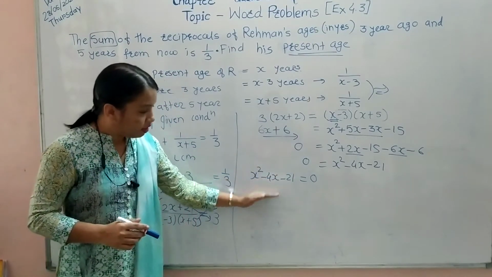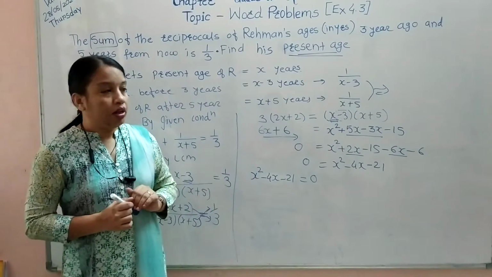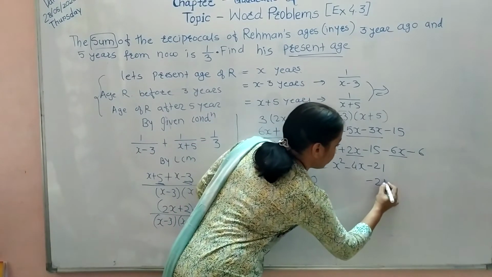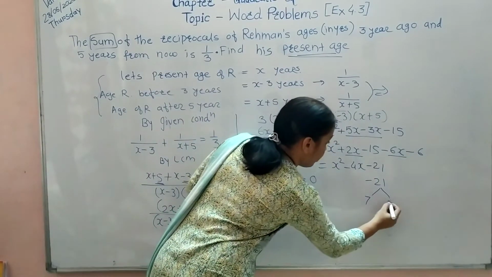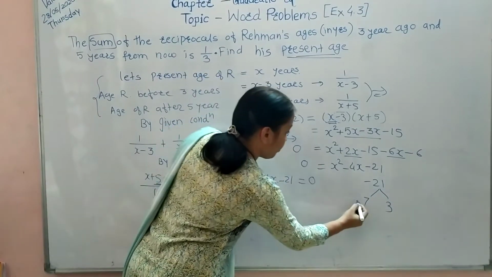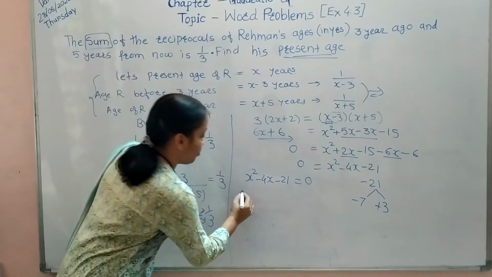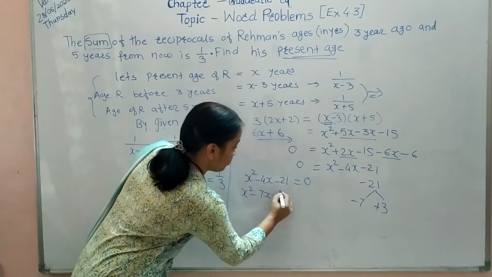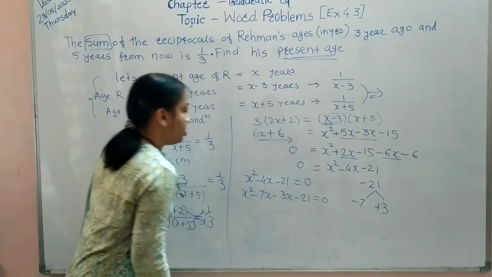Now henceforward you can solve this quadratic equation by any method. Here I am using the factorization method. You know that 7 into 3 is 21. As the negative sign is there, one will be negative and the other positive. So x square minus 7x plus 3x minus 21 equal to 0.